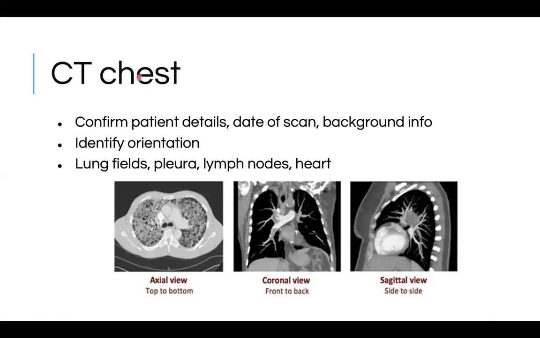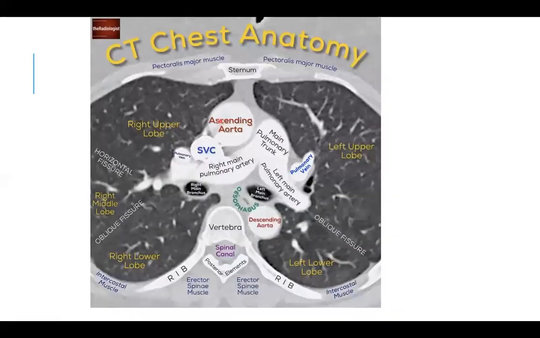Okay, so an approach to CT chest, just very briefly, is to again confirm the patient's details, the date of the scan and the background information, identify your orientation, and then what I like to do is look at the lung fields, pleura, lymph nodes, and then the heart. I think at your level, you shouldn't need to know too many pathologies, just the more important ones.